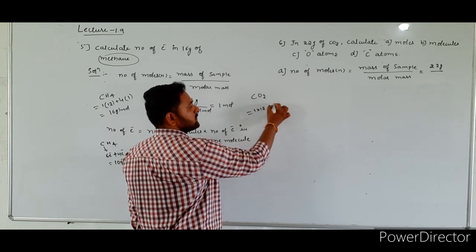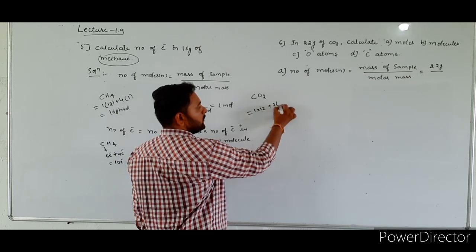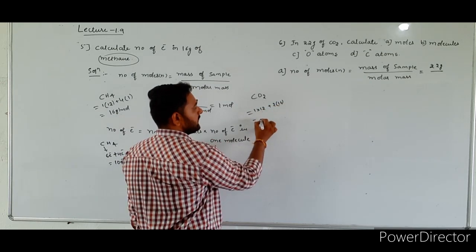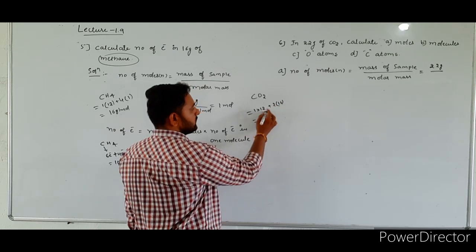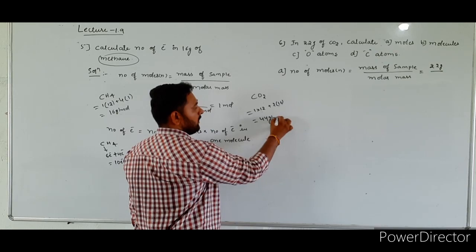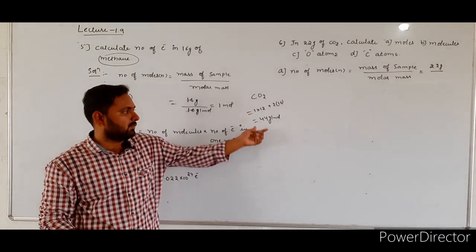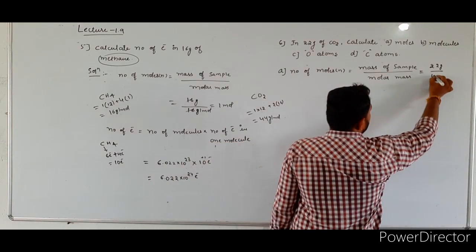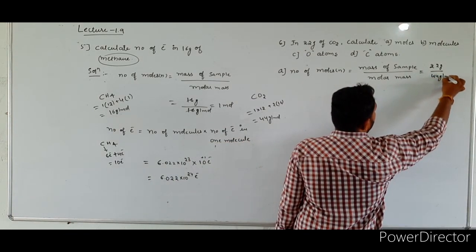Plus, how many oxygens are there? 2 oxygen atoms are there. Atomic mass is 16. Then you will get 16 twos plus 12, you will get 44 gram per mole. What is the molar mass of carbon dioxide? 44 gram per mole.